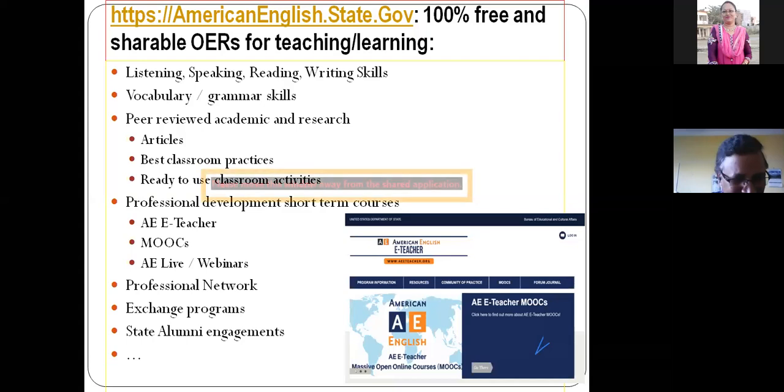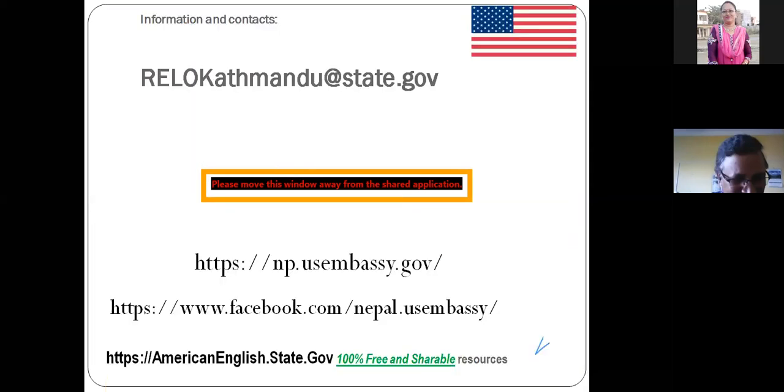You just need to go to exchanges.state.gov. I will give the website address later. So there are so many different resources apart from the American English resources to teach grammar communicatively or any skills communicatively.